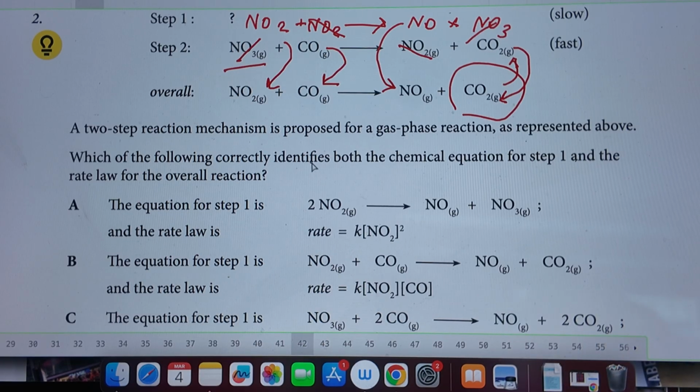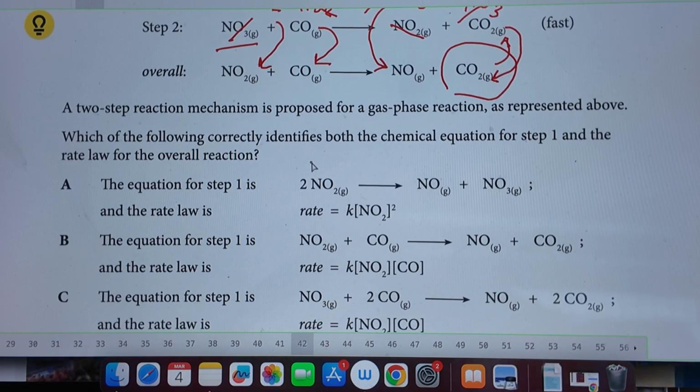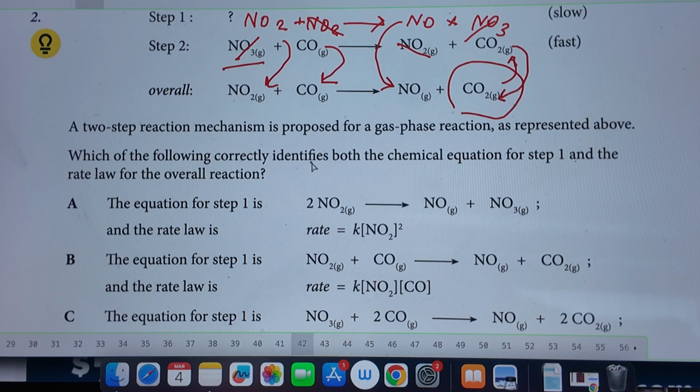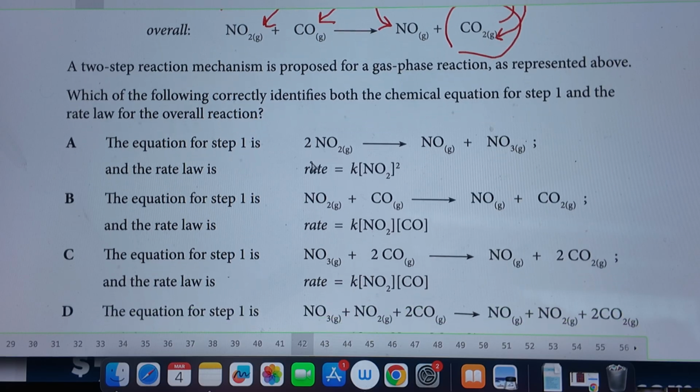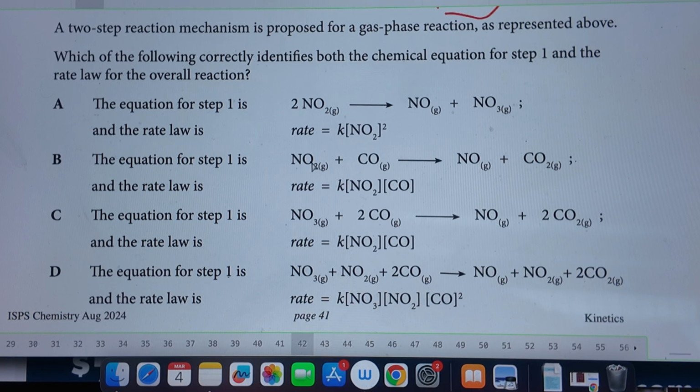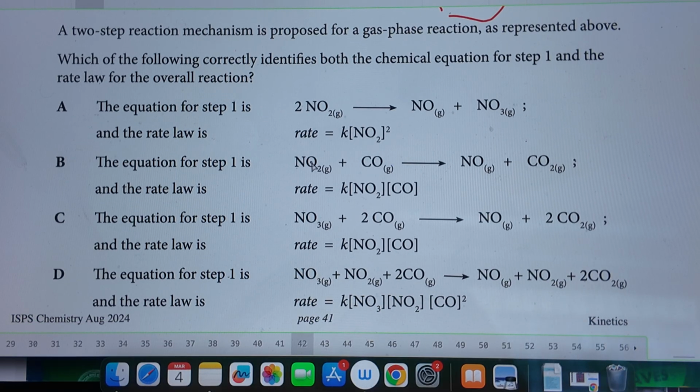Okay, I don't know, can we just solve the problem based off of that? 2NO2 turns into NO and NO3. Can we just solve the problem off of that? Yeah, that's A. There's no other answer that has that. So yeah, the equation for step 1 is this.